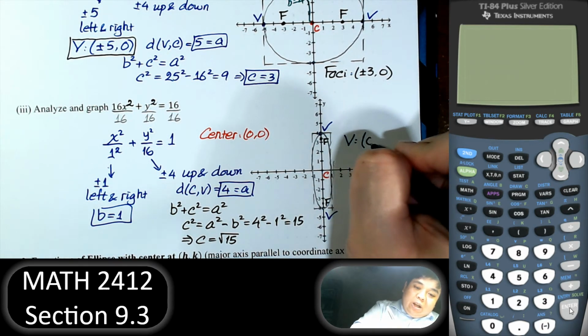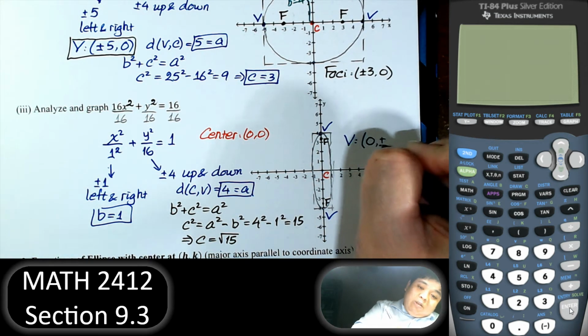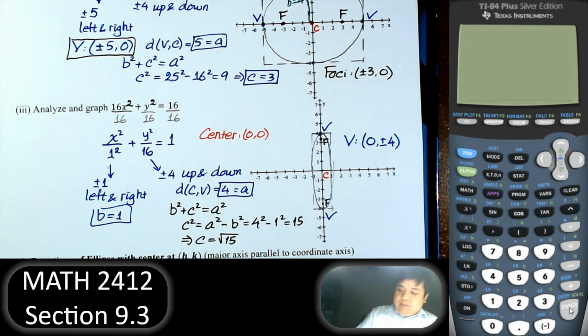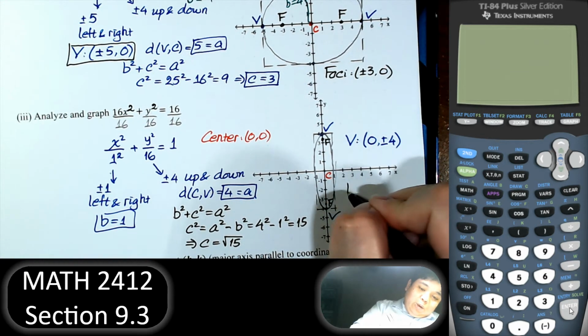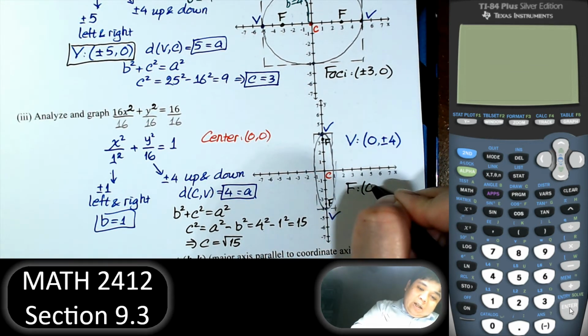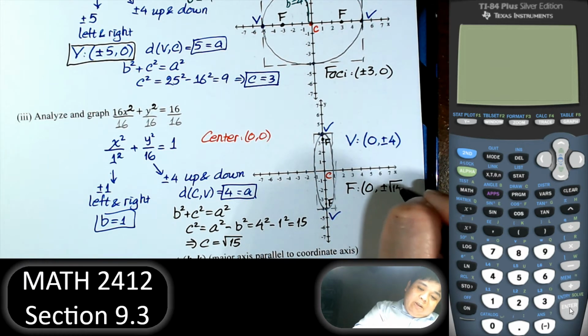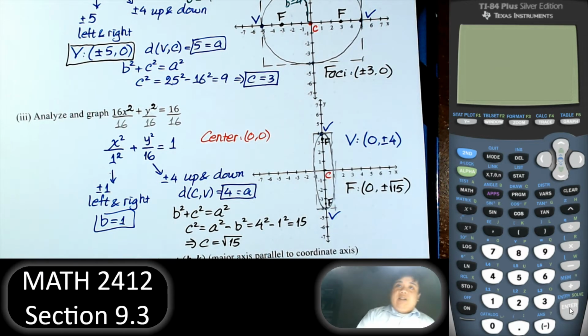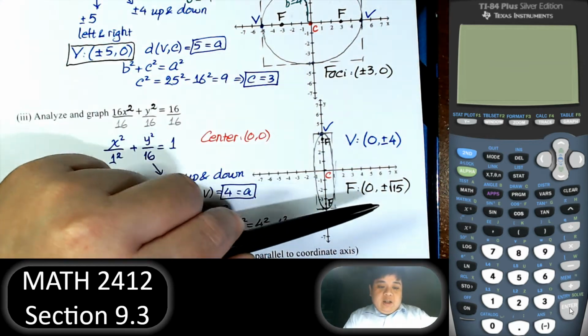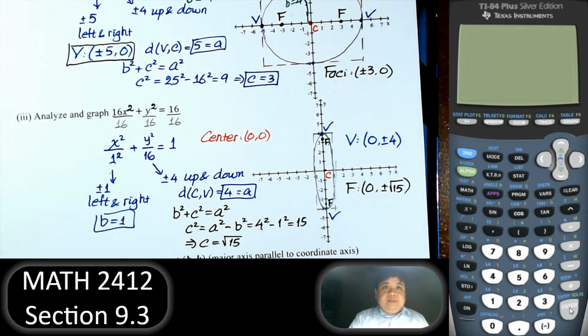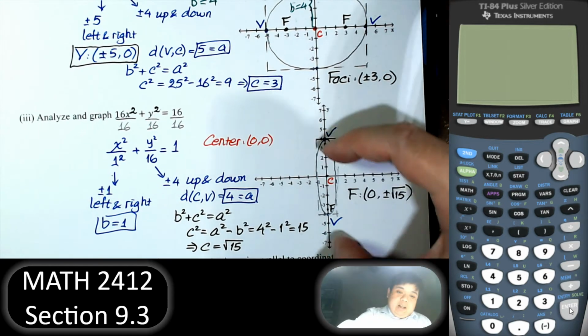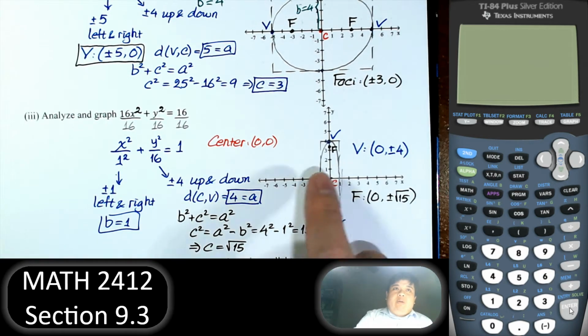So x equals 0, y could be 4, could be negative 4. And then 2 foci, square root of 15 up or square root of 15 down from the center. So we have the vertices, the foci, and the center. And then of course the major axis, minor axis, and the box equation.